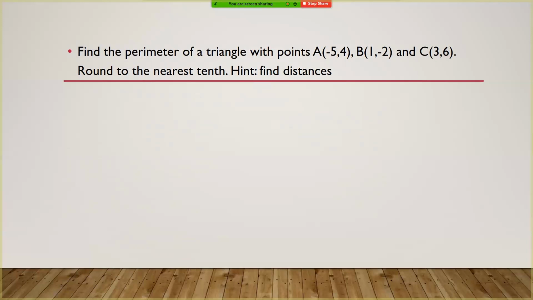So this is definitely the longest problem on the review, but we're just going to take it one part at a time. So we're going to find the distance from A to B. So I'm going to go to A and B, and I'm going to label my points x1, y1, x2, y2.